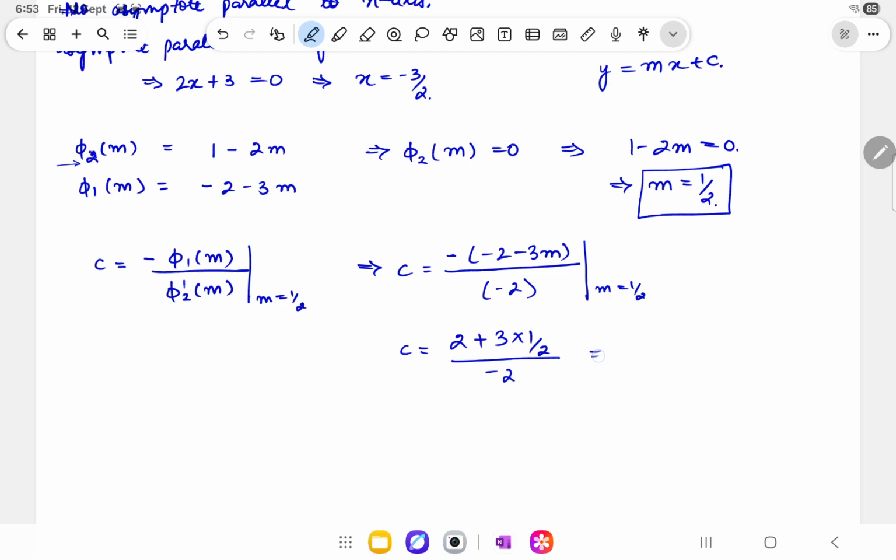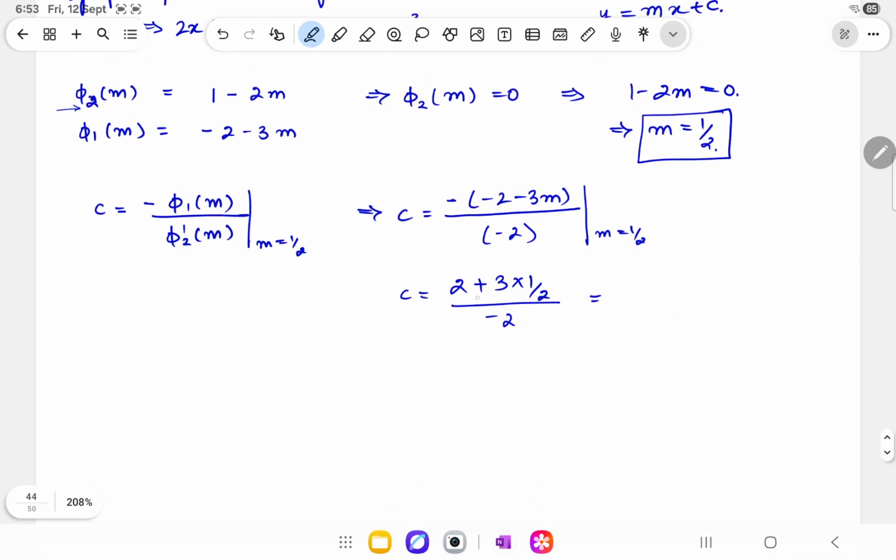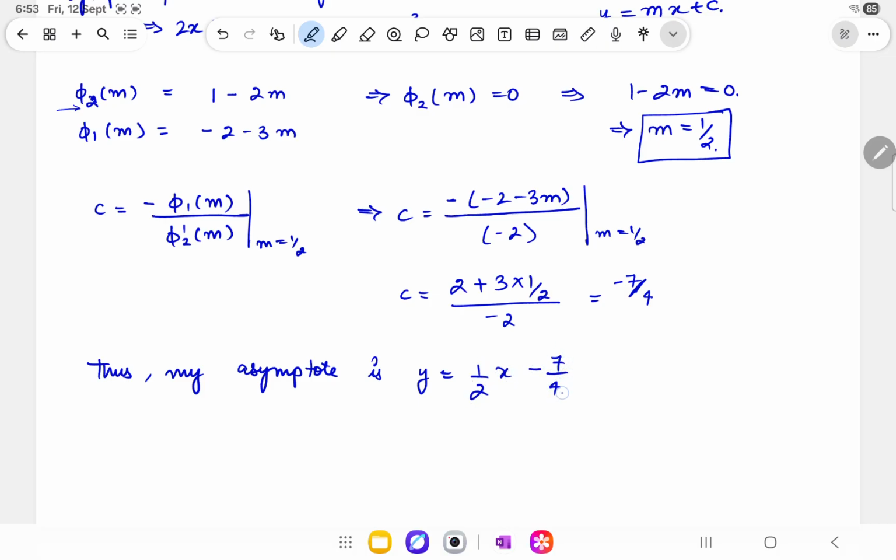So this basically gives me 4 plus 3, 7 by 4, and there is a minus sign also. So my c is basically minus 7 by 4. Thus my required asymptote is y equals to, my m is 1 by 2, into x plus c, that is minus 7 by 4.